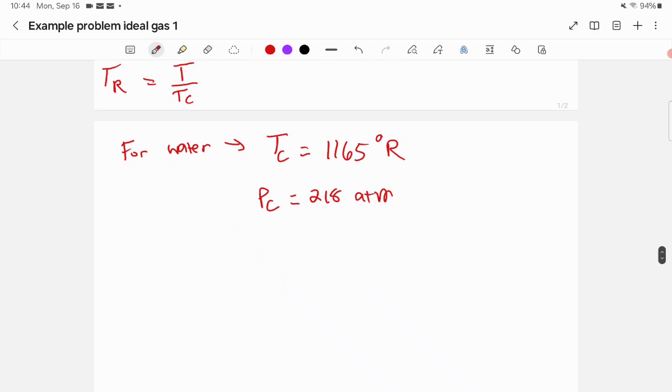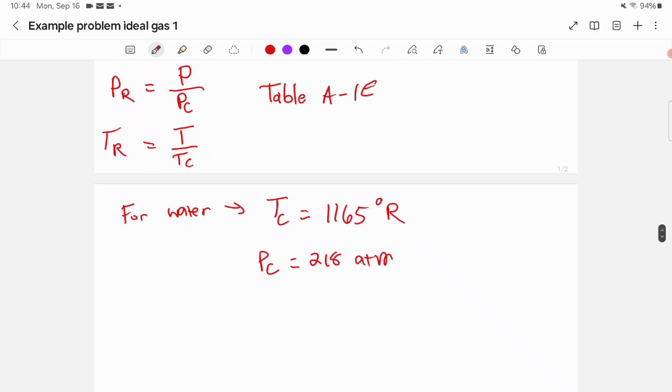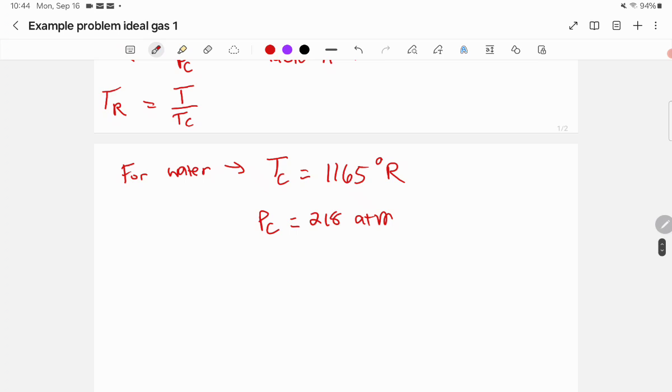Okay, so what we can do then is recognize that if I have a temperature in Fahrenheit, to Rankine, I'll just call it T rank for now, is equal to T Fahrenheit plus 459.67.